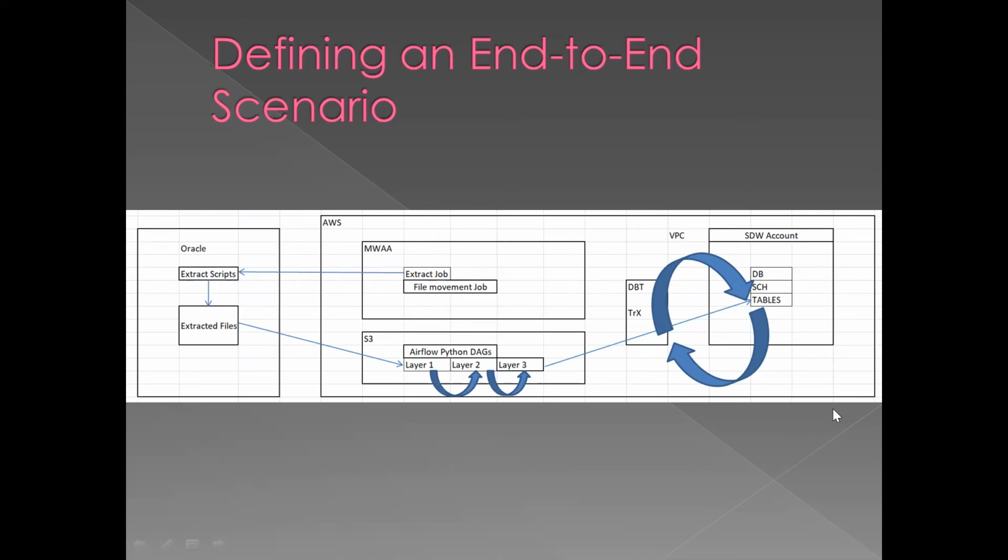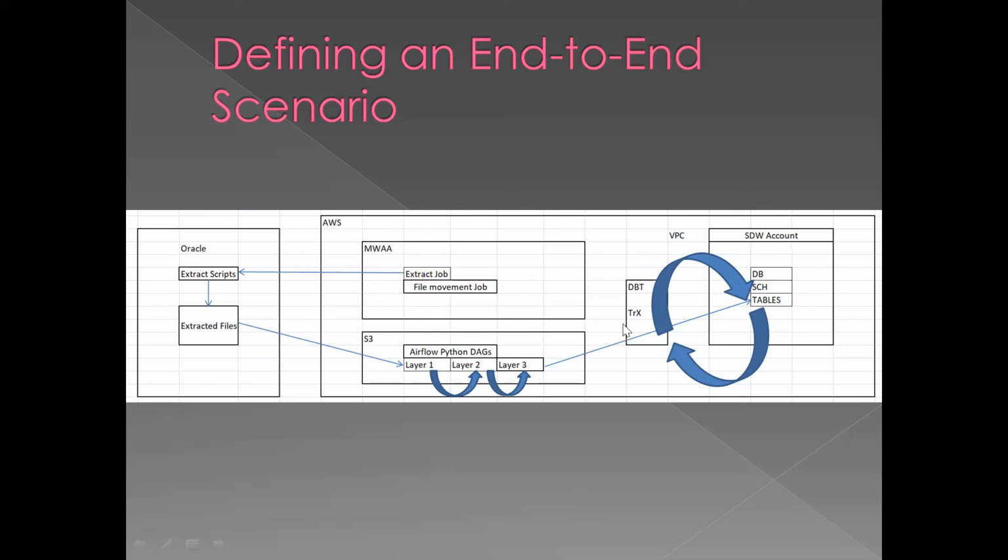And then they have an AWS account. They are using two services from AWS. They are using MWAA, which is managed Apache Airflow workflow. Here you can write your Apache Airflow jobs or Apache Airflow DAGs, right? And then they are using Amazon S3 buckets, of course, very important, to create the data lake where they will have the extracted files.